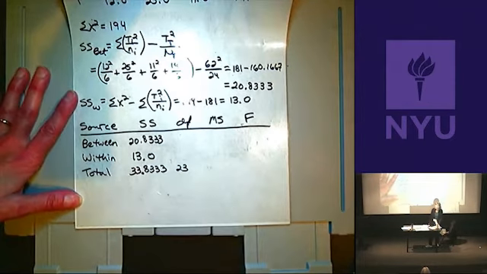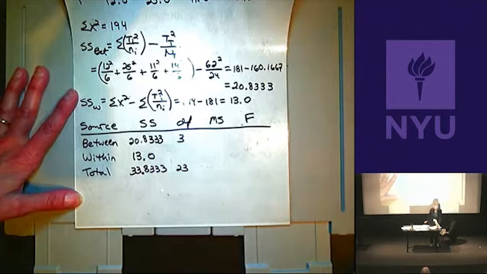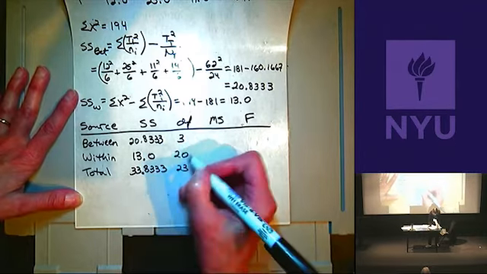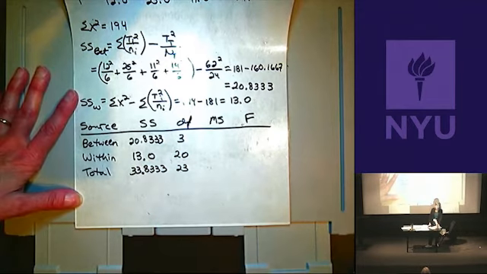It's k minus 1, so it's 3 here. And then degrees of freedom within, 20. Yeah, so you could have gotten that by subtraction. Or also, remember N_T minus k, you take off a degree of freedom for each group.